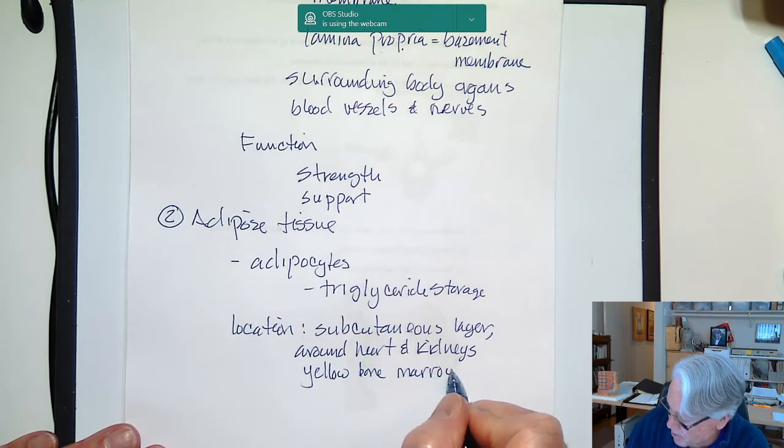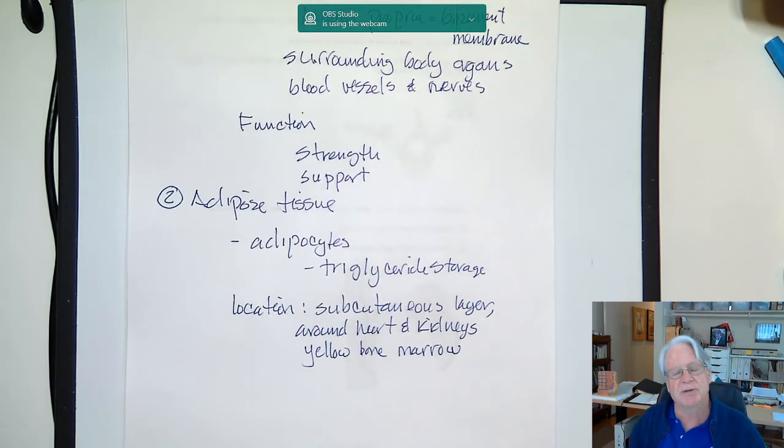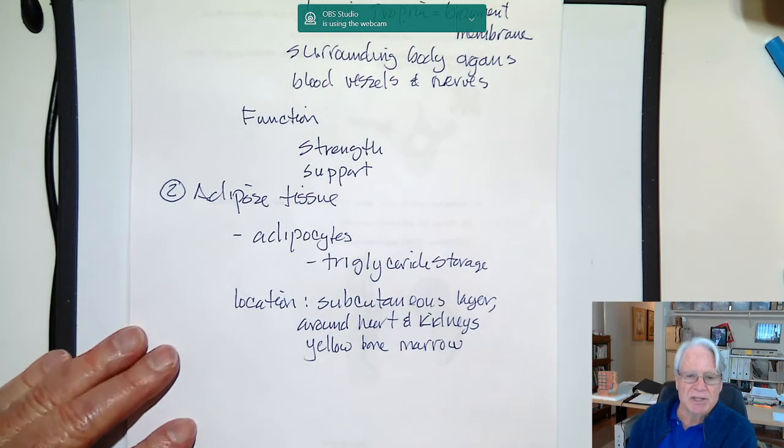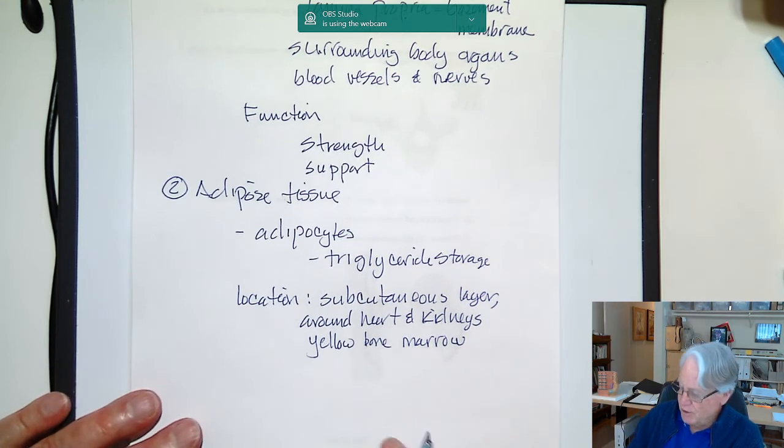And this is something we'll be looking at and talking about when we do bones. So in the center of a long bone, the shaft part of the long bone, there's a hollow space, and that space is filled up with what is called yellow bone marrow, which is adipose tissue.